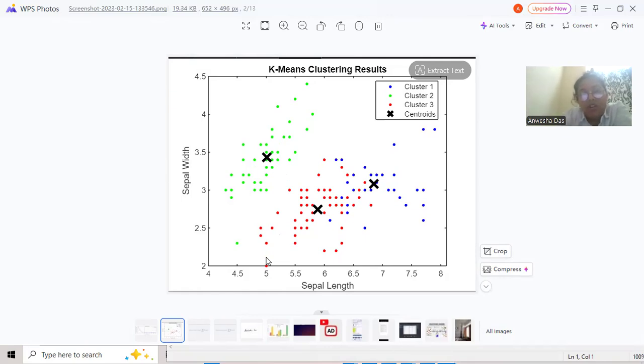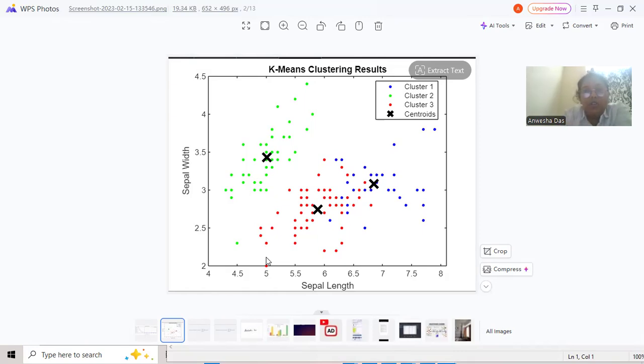Based on the shorter distance, we have to reassign a cluster. So this will be an iterative process until we create the proper clusters. The process will keep going on.